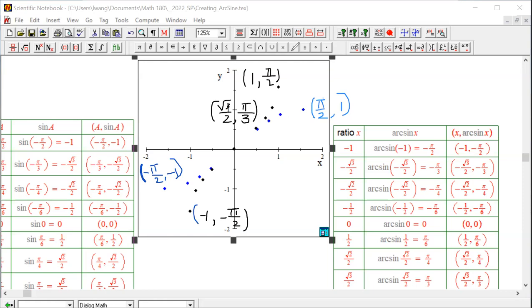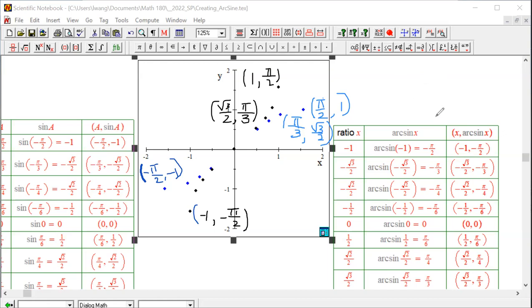And this blue dot is going to be pi over 3, and the ratio is root 3 over 2. Okay, I hope that's clear. And these two dots, I think I'm going to wait for you to write it down. Pause it as you need.